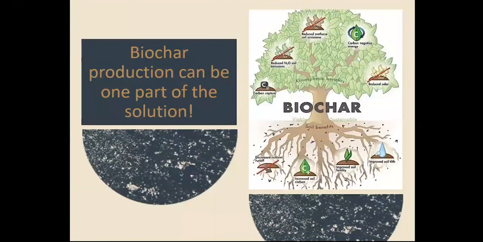Biochar is one potential solution for this. Instead of losing that carbon like we do in a typical fire, we can go through this process of pyrolysis, and we can keep the carbon on our farms and in our soil, where we can take advantage of it and use it to help the production and productivity of our crops.